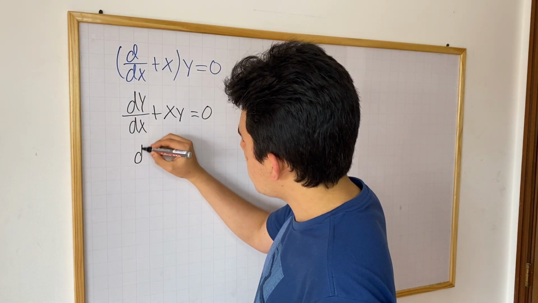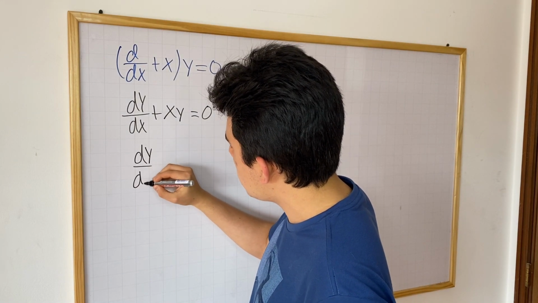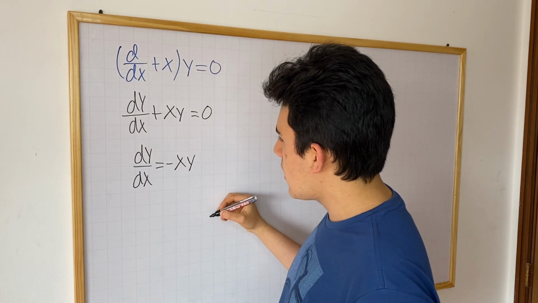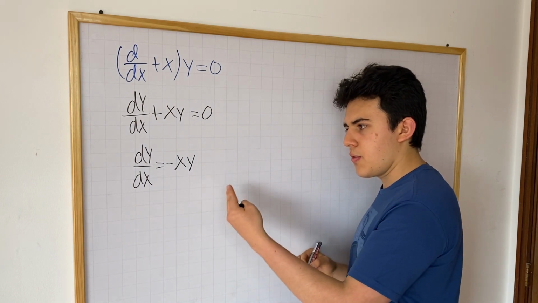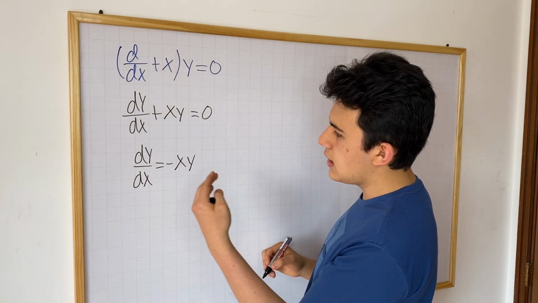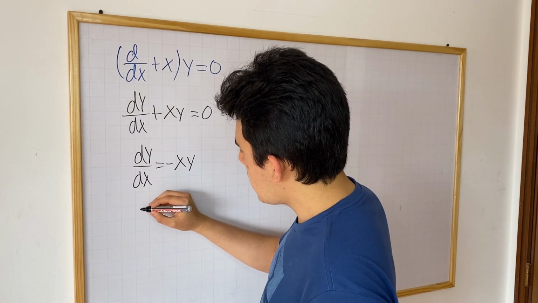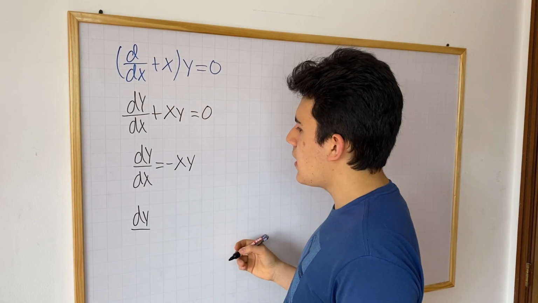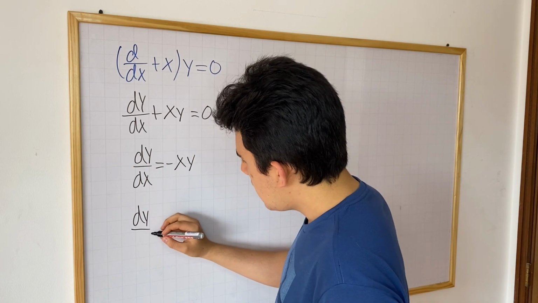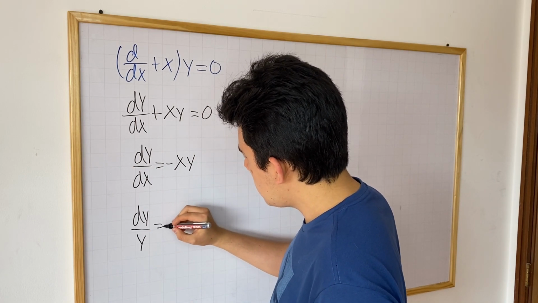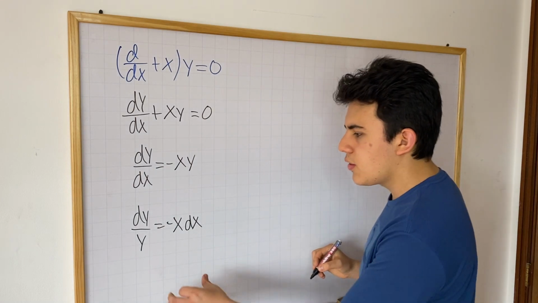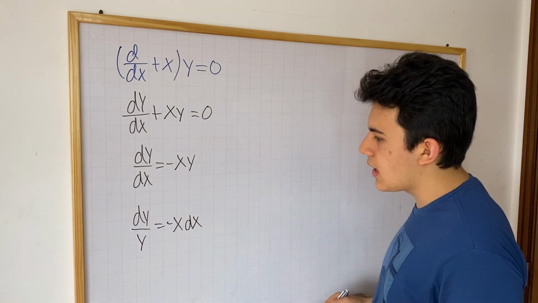So let's rewrite this: dy divided by dx is equal to minus x times y. Now we can move dx to the right-hand side and y to the left-hand side. The negative sign I'm going to leave on the right-hand side. So we have dy divided by y is equal to minus x times dx. This is the new differential equation that we get.